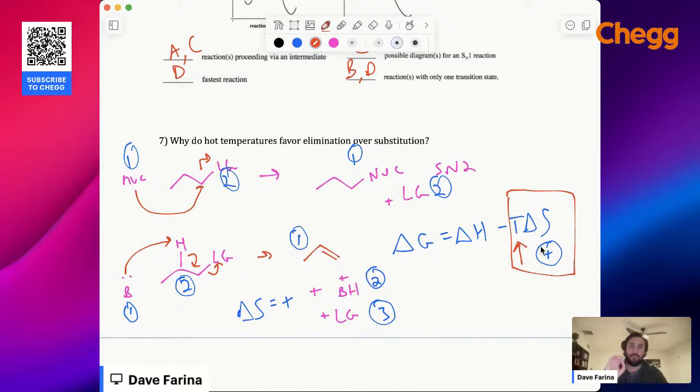So entropic favorability is enhanced at high temperatures in the context of determining whether a reaction is spontaneous or not. If it's entropically favorable, heat it up, it's more likely to occur. So when you're looking at what might happen and you're unsure whether substitution or elimination will occur, take a look at the temperature. The hotter it is, the more likely that elimination products are going to dominate in the product mixture. So that's a very important concept.